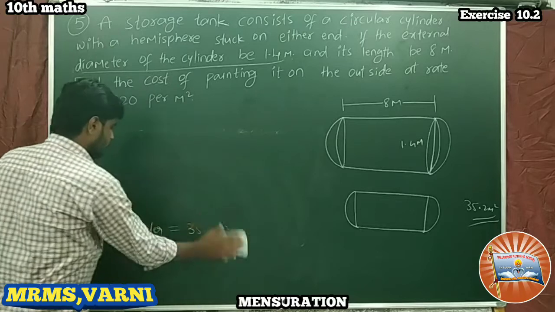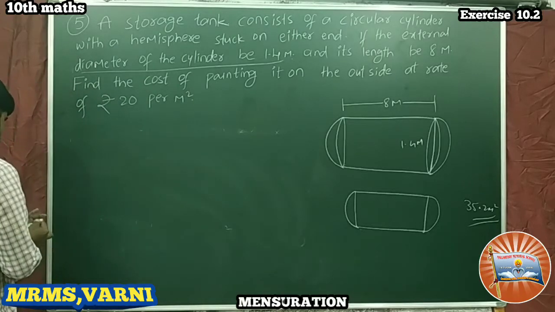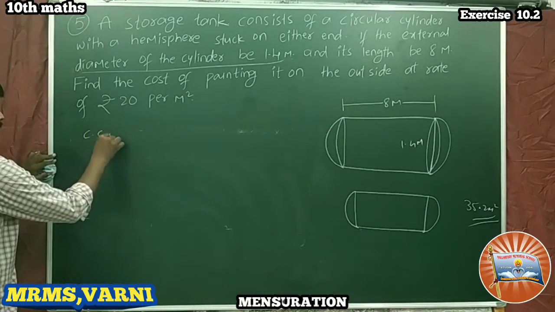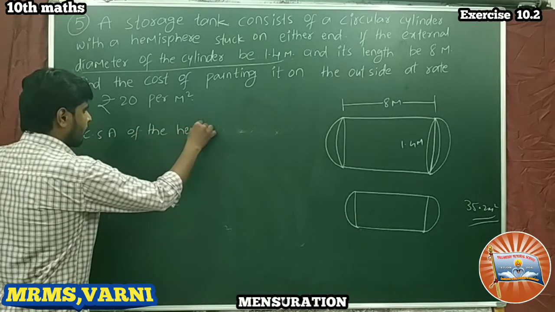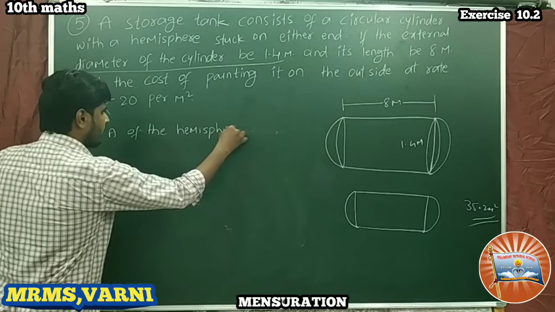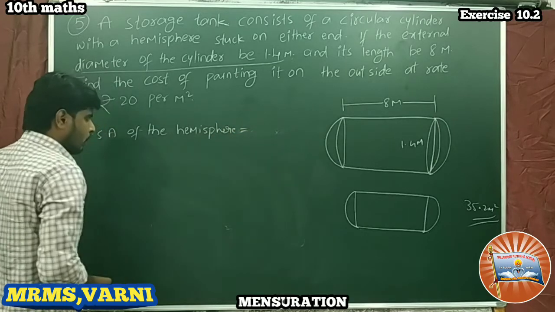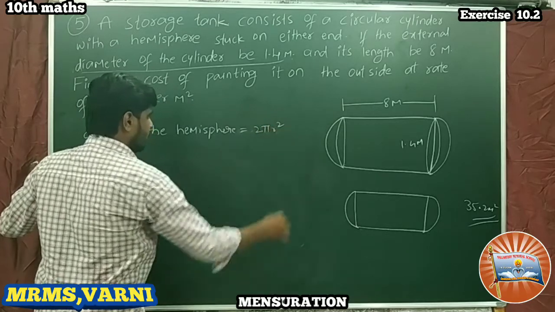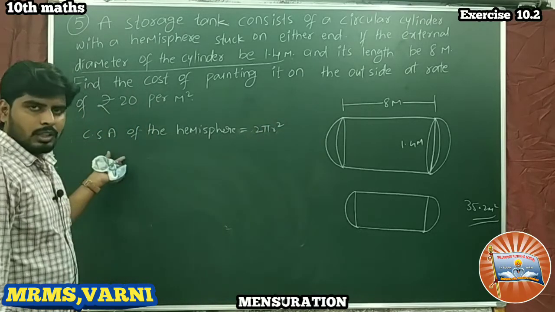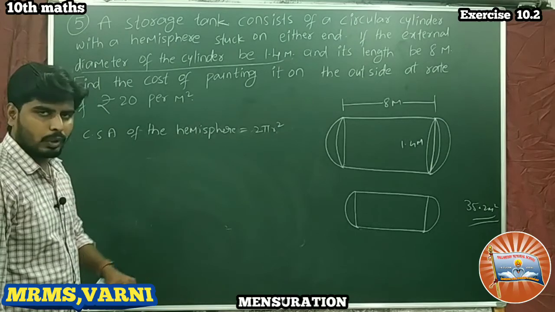Next we go for CSA of the hemisphere. What is the formula? 2 pi r square is the formula for curved surface area of the hemisphere. Okay, right.